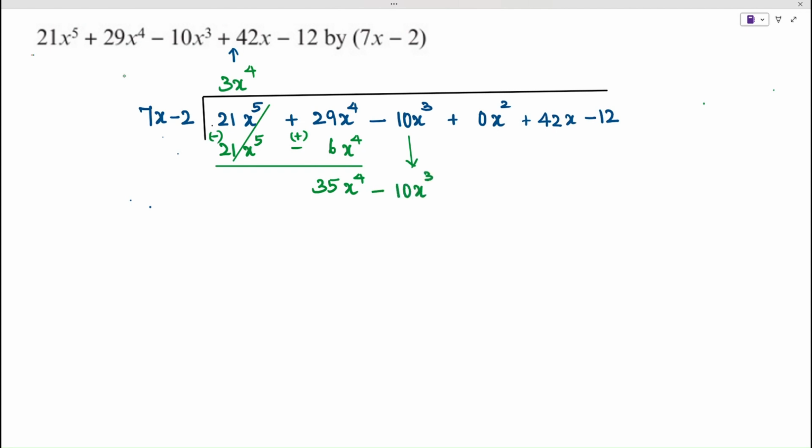10x cubed. So 7x multiplied by 5x cubed gives us 35x to the 4, and minus 2 times 5x cubed gives us minus 10x cubed.